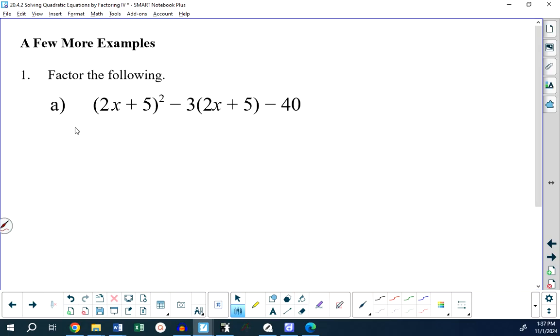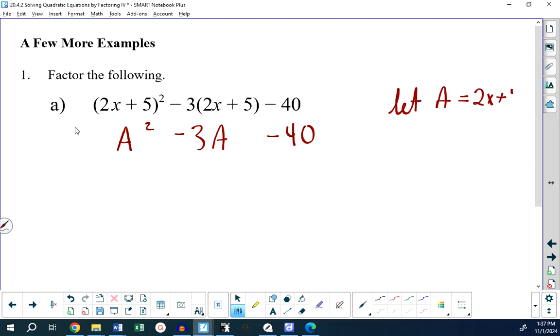You recognize that this is something connected to, say, a squared minus 3a minus 40. And you say to yourself, well, I can factor that. But what you have to realize here is you've just let a equal 2x plus 5. And I hope that most of you, when you see this next step, you'll go, I don't need to do that. But if you do, you do. So you say, well, I'm going to factor this instead. Oh, that's child's play.